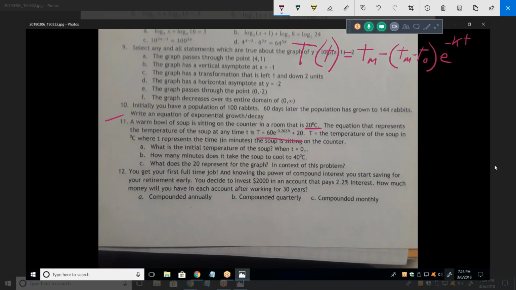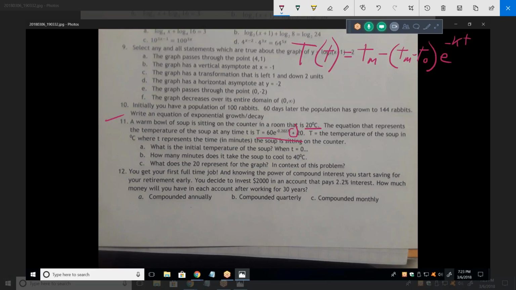Why do they have a plus sign instead of a minus sign there? In other words, 20 degrees is the temperature of the medium. That's the temperature of the room.